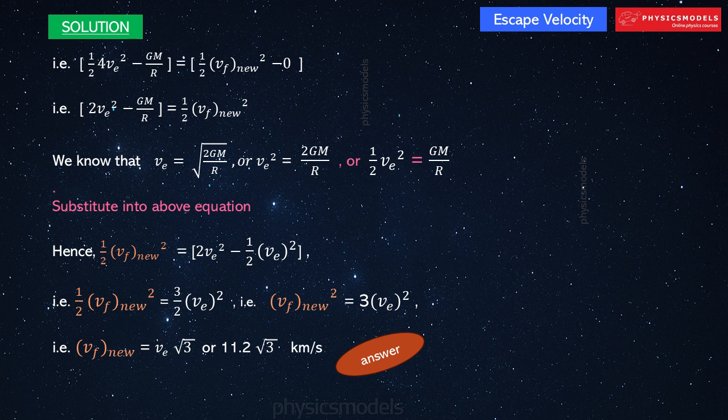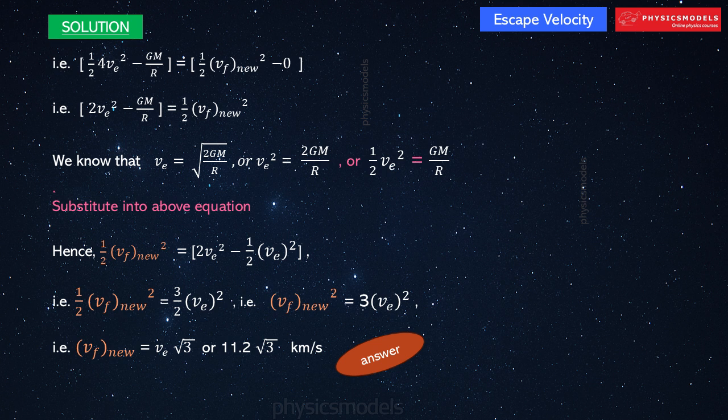This simplifies the equation on the right hand side, and we are left with half vf nu whole squared. On the left hand side, substitute ve is equal to root 2 GM by r, which becomes same as half ve squared is equal to GM by r.